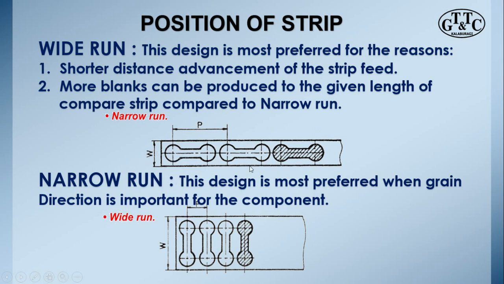And in the narrow run, generally this type of layout is preferred when there is an importance of grain direction, or the component is further subjected to bending operations, and then grain direction has to be considered. In such cases, generally we can prefer to go for a narrow run. But the most common way of designing a strip layout is with a wide run.